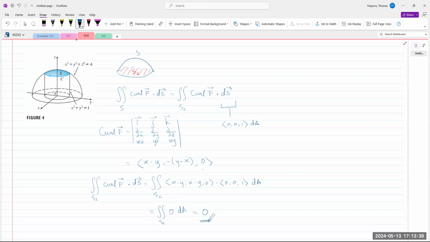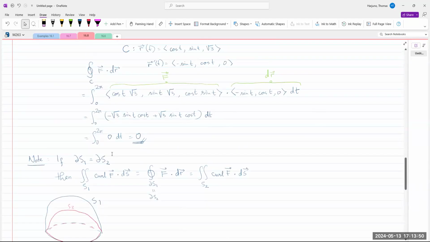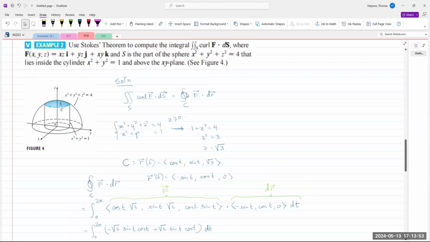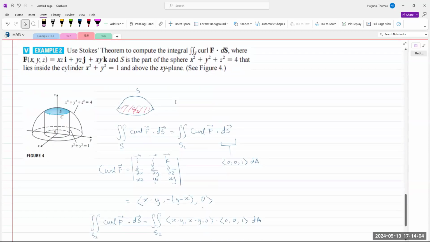Okay, so instead of computing the double integral of curl of vector field F over the original surface S, you can compute using Stokes' theorem the line integral over the closed curve of F, the way our textbook does it, or you can apply, quote-unquote, what I call double Stokes' theorem. So instead of computing the surface integral over that ugly surface, you compute the double integral over a nicer surface.